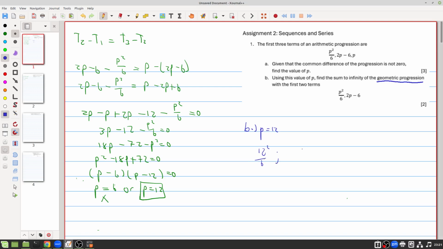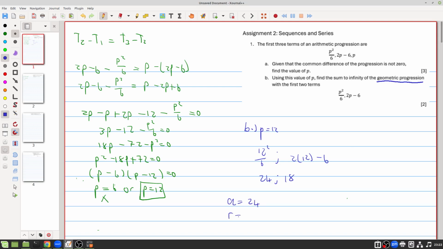And the second term is 2p minus 6, so 24 minus 6, 18. So for our GP, we have that a, the first term, is 24.